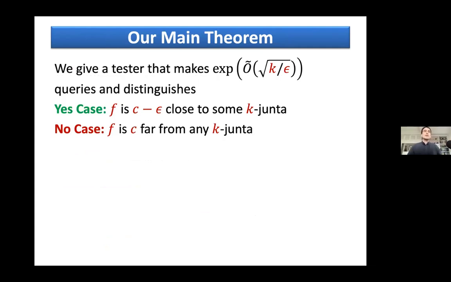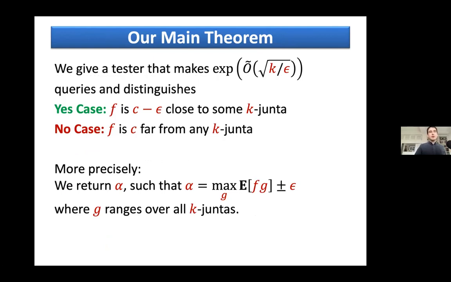Our main theorem is that we get a tolerant tester that makes exponential in square root k many queries and can tell the difference, again, between any two parameters of your choosing, whether the function is C minus epsilon close or C far from a k-junta. More precisely, we return a number alpha that is an epsilon additive estimator for the maximal correlation of f with a junta g, where g ranges over all k-juntas.